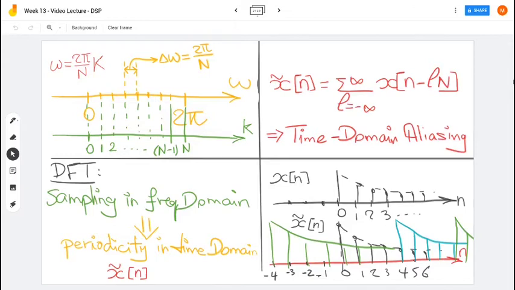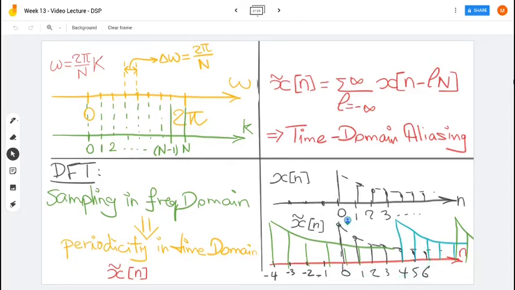So if this is x of n, the original signal, which has a spectrum x of e to the power j omega, and then we decided to sample the spectrum in the frequency domain in order to use DFT. This will result in periodicity in the time domain. So first let's set l equal to 0. So x of n will be replicated as is, the one in black over here.